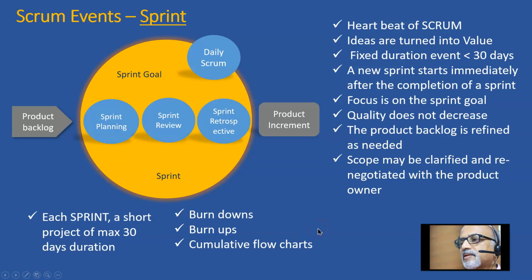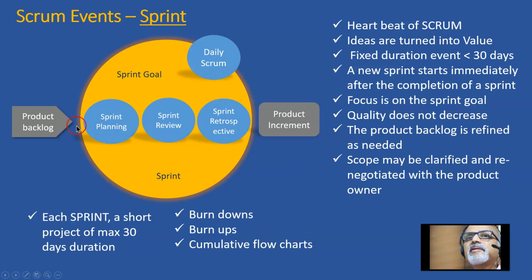They will decide which are all the tools and techniques they will use to report progress. But then these are the commonly used ones. Burn down chart is predominantly used. Very frequently it is used at a sprint level, at a release level, and at the product level also. And burn up charts are also used. Cumulative flow charts are also used widely in Scrum teams.